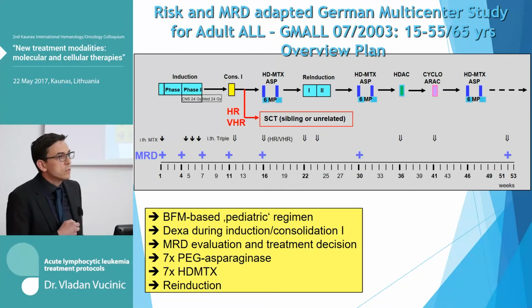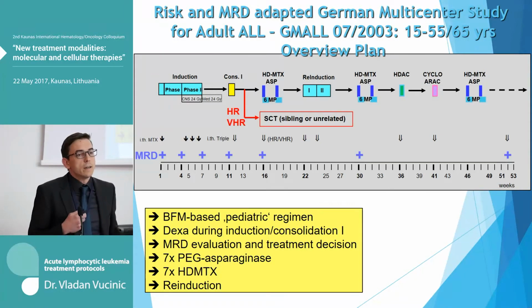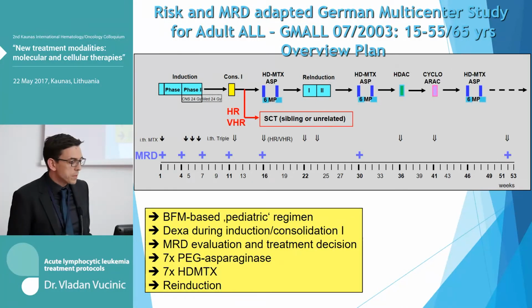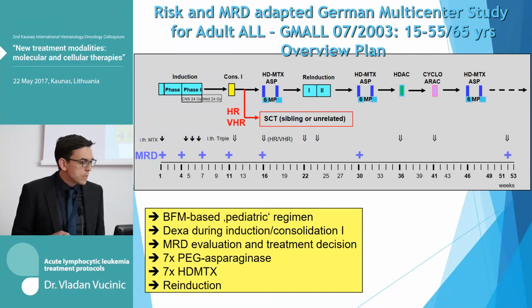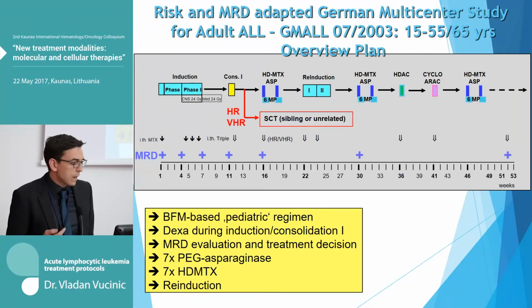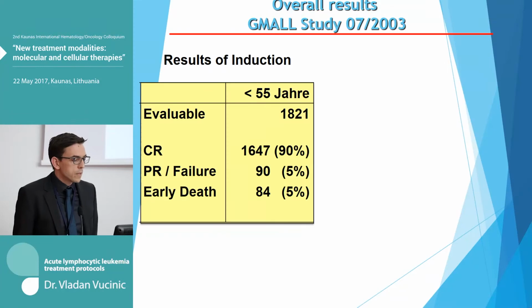This backbone is actually taken from the pediatric protocols, from the BFM-based pediatric regimen, and has some other aspects like PEG-asparaginase and high-dose MTX, which is a little bit different to the BFM.